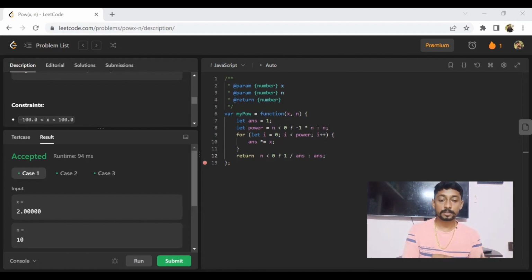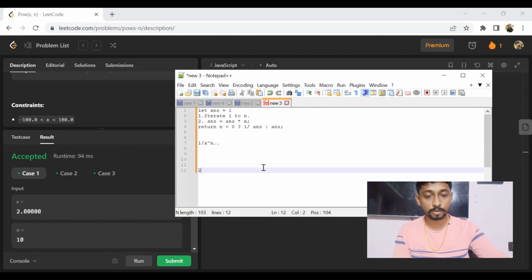So I will write this here. 2 to the power of 6 is 2 to the power of 3 into 2 to the power of 3, which you can write like this. As you can see, n is 6 and x is 2, and at the end of this derivation it becomes 4 to the power of 3.